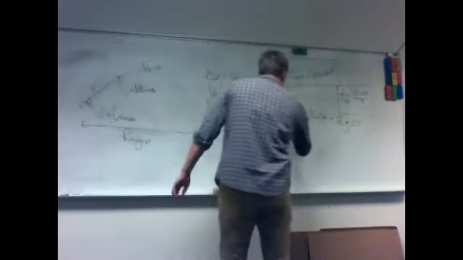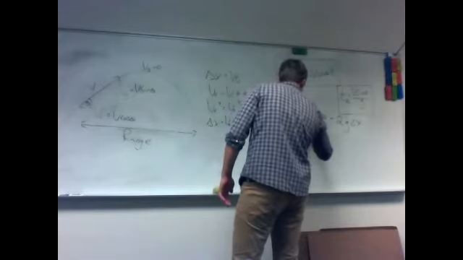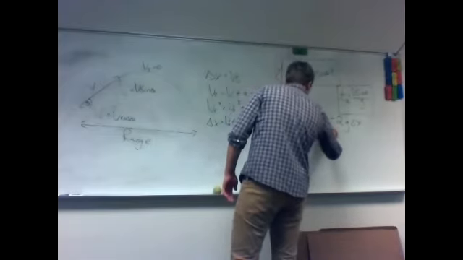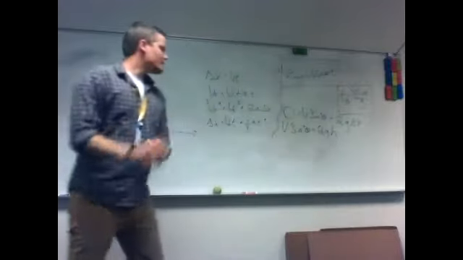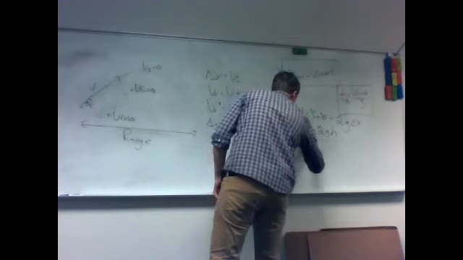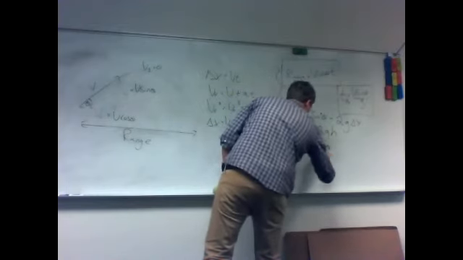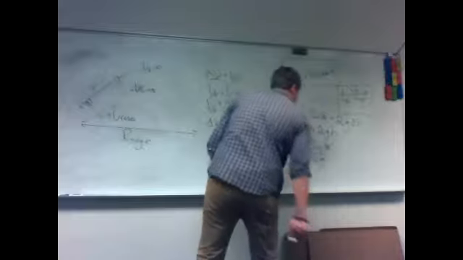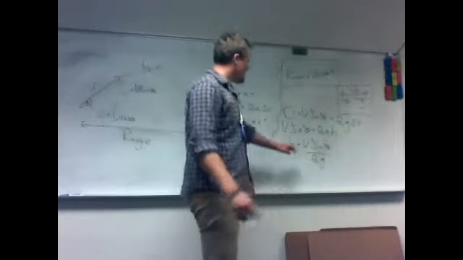So therefore, we have v squared sine squared theta is equal to 2g times h. And now I can solve for h. I can say that h is equal to v squared sine squared theta all over 2g. This equation, super, super useful. This is the maximum height equation.